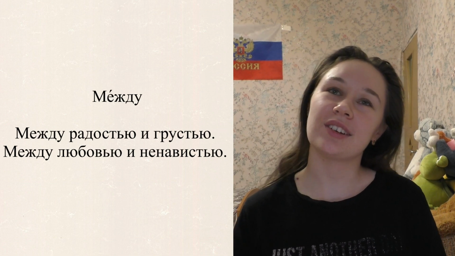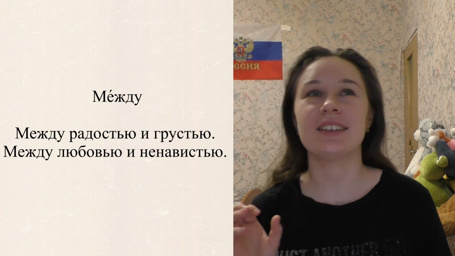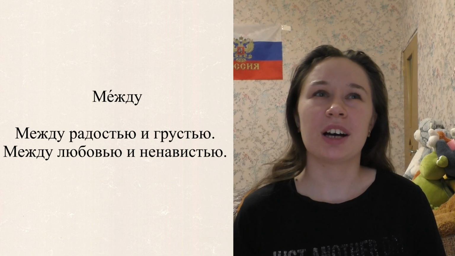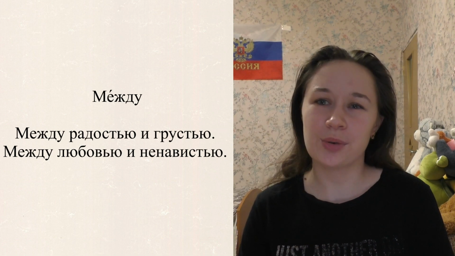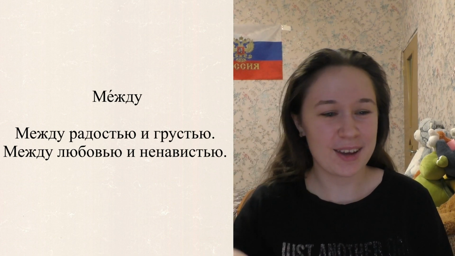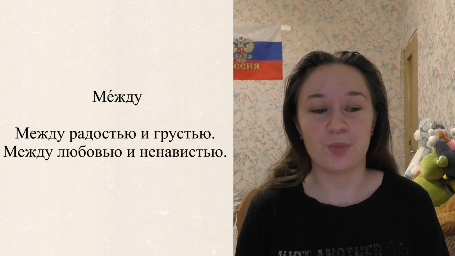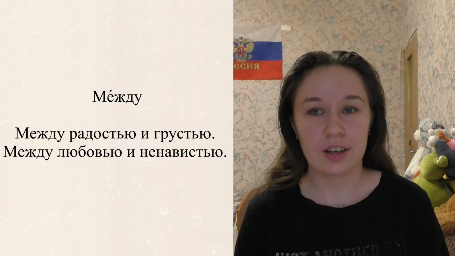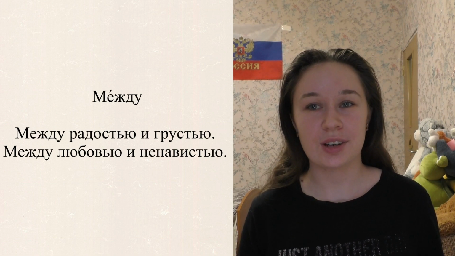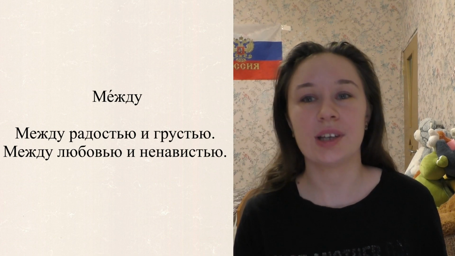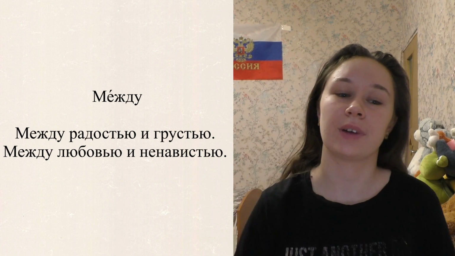And you also can say that phrase in the instrumental case, but it will sound crooked, but okay. Между любовью и ненавистью один шаг. Between love and hate, one step. Is one step, better to say.